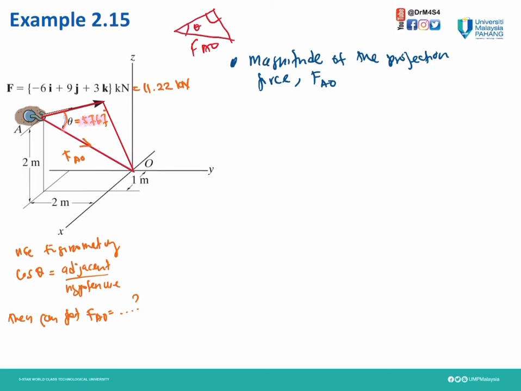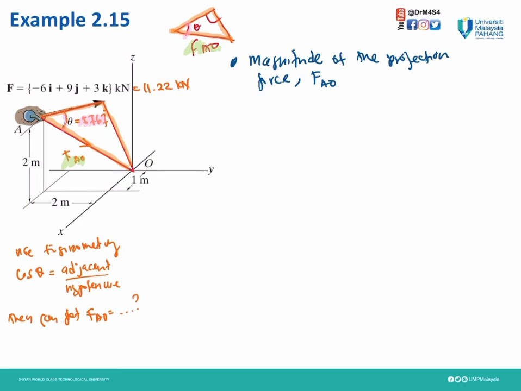So we know our theta is 57.67 degrees. Back to basic trigonometry, we take this triangle out. This has a 90 degree angle, and this is theta, and this one is FAO. So we can use trigonometry.